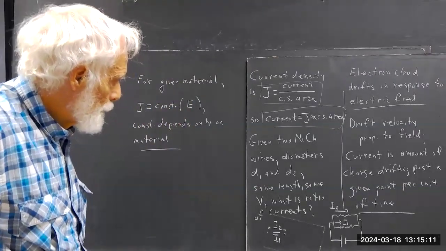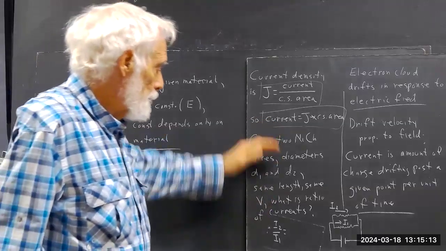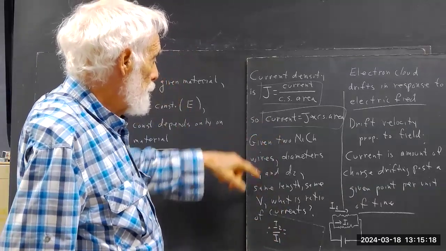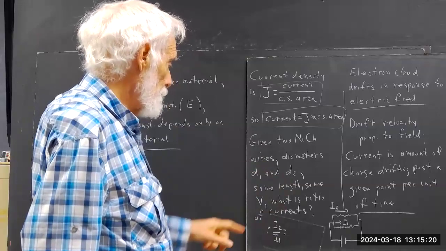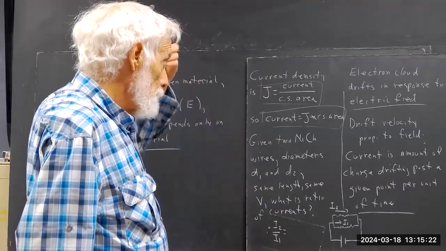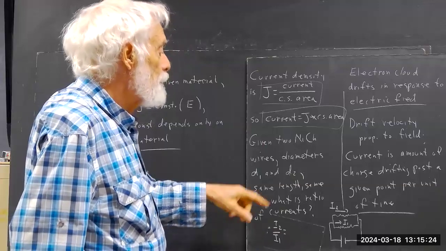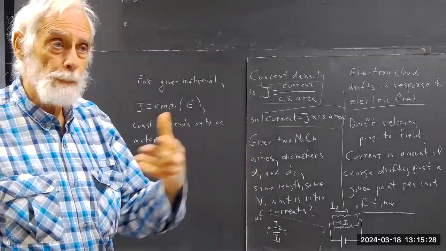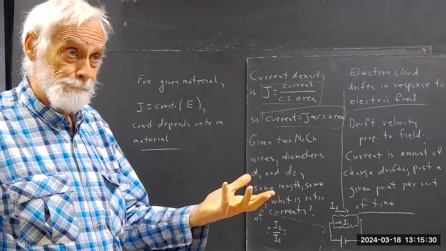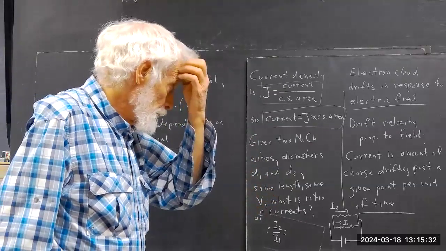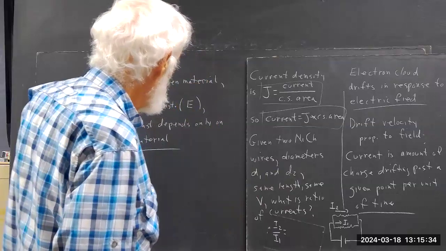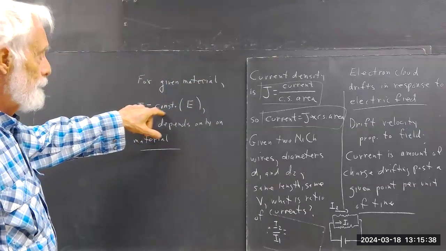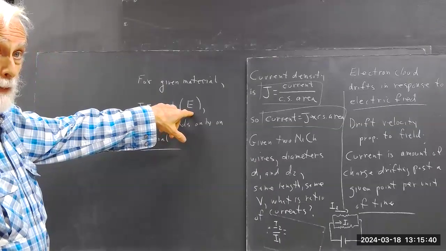Now, when we come back to this situation, two nichrome wires, two different diameters, same length, same voltage. Same length and same voltage means we have the same electric field, meaning that the current density is going to be just some multiple of that electric field.